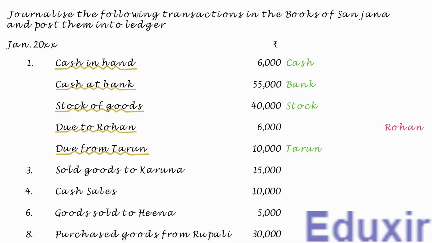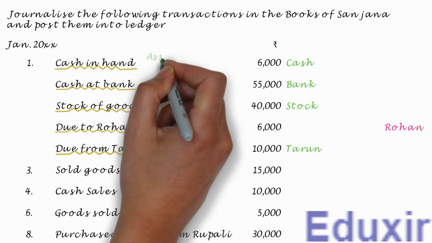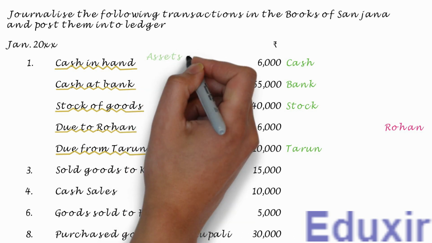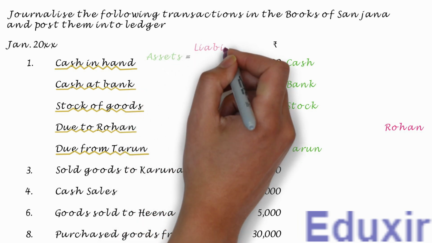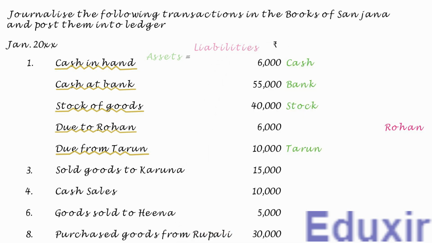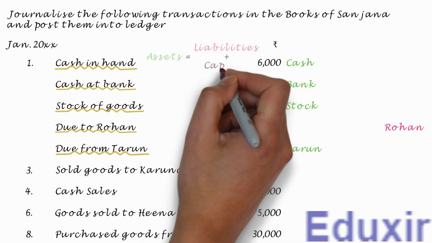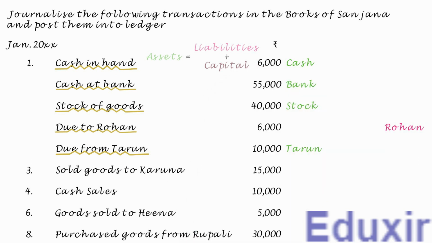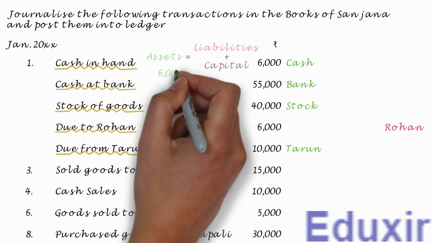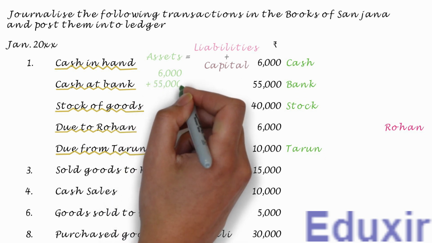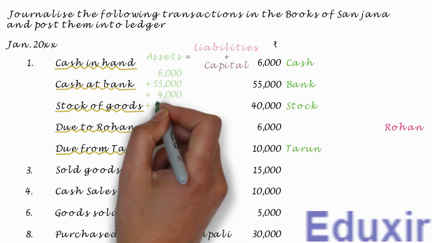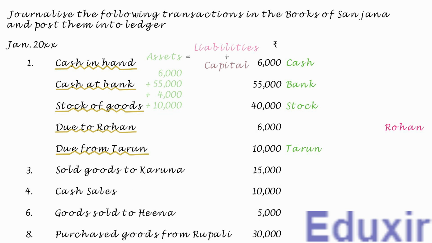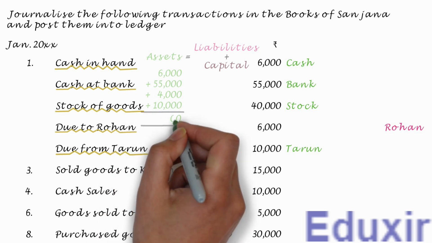We need to apply the accounting equation here. As you know, the accounting equation states that the assets are equal to the sum of liabilities and capital. Let us first add all the assets, that is 6,000 plus 55,000 plus 40,000 plus 10,000. The sum is equal to 1,11,000.